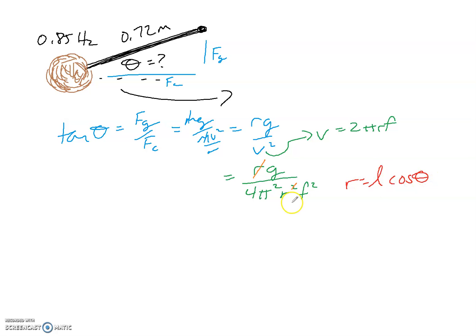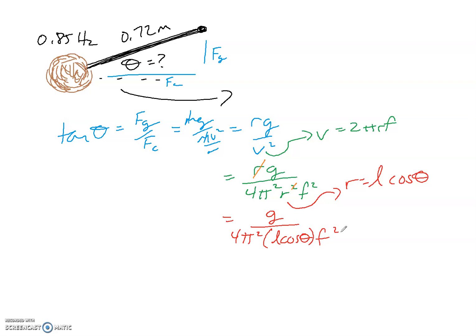So I'm going to substitute that in there. I have g on top, and on the denominator I'm going to have 4 pi squared, my radius switched for L cos theta, and frequency squared.